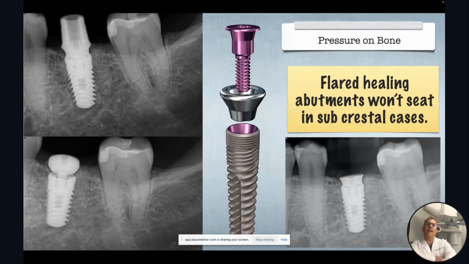Another thing that a concave profile can give you is if you're planning your implant and placed your implant subcrestal, which I place my implants 2 millimeters subcrestal. And I know people are going to say, whoa, that is too much. Very cool studies that have been done.